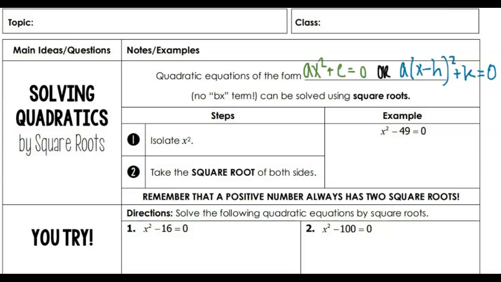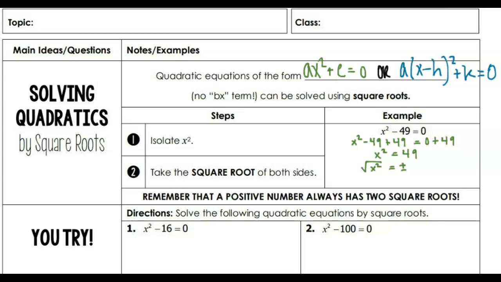In this example, we have x squared minus 49, which you might be able to factor also, but the first thing we want to do is isolate the x squared. So we're going to add 49 to both sides, and we end up with x squared equals positive 49. Then to undo the square, we take the square root of both sides.